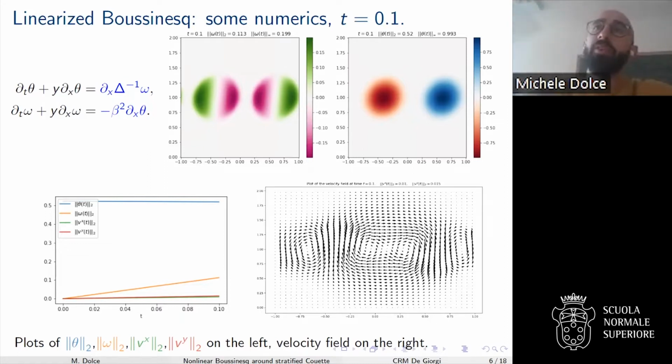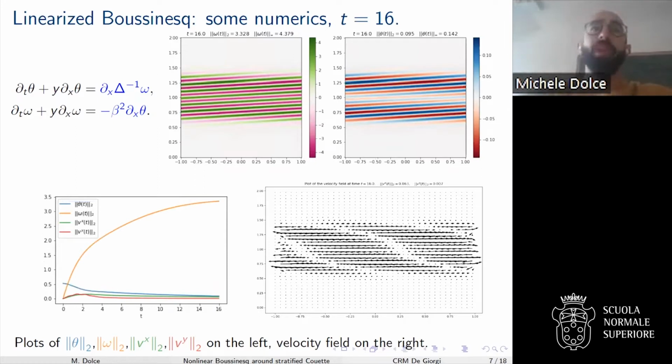Now, if you run the numerical simulation long enough, you will clearly observe the formation of stripes, and therefore information is again sent to high frequencies in the vertical direction. And this is mainly because of the Couette transport term, which is here.